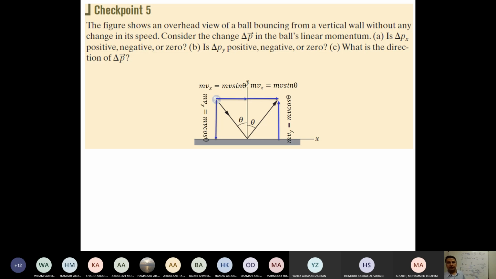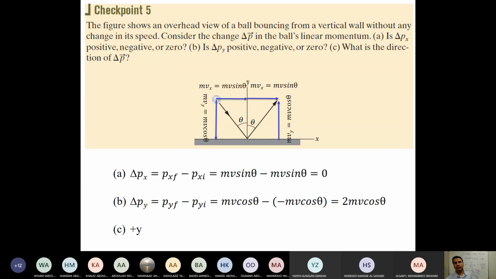But on the other hand, if you look at the y component of the momentum, initially it is downward, later on it is upward. So the main difference is the sign. The mv remains the same, but the sign is different. Initially downward, later on upward. When you subtract these two, you will get another quantity which will be a non-zero quantity, like is shown in this figure here.